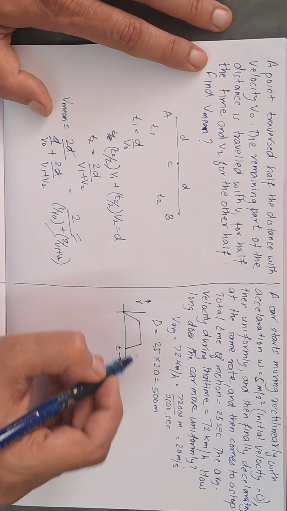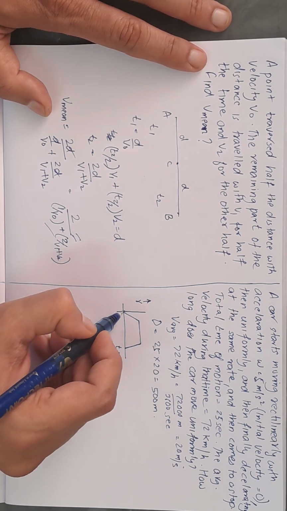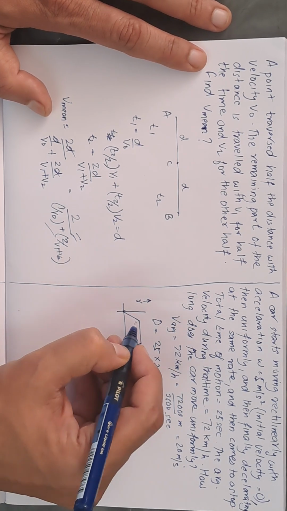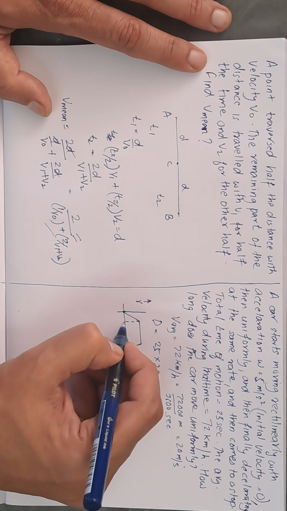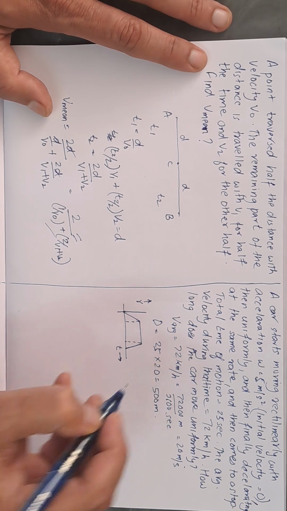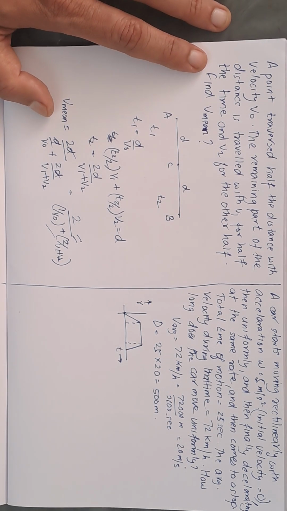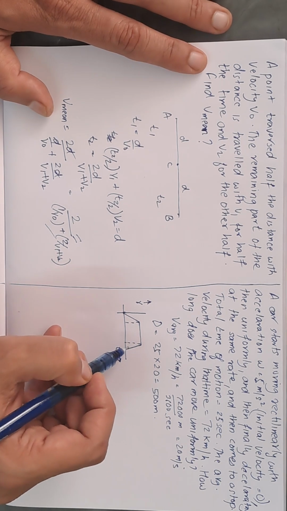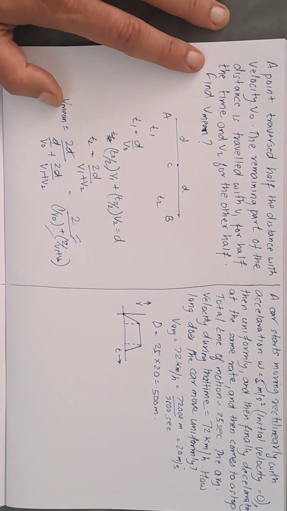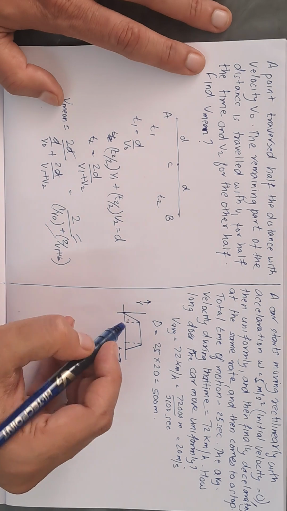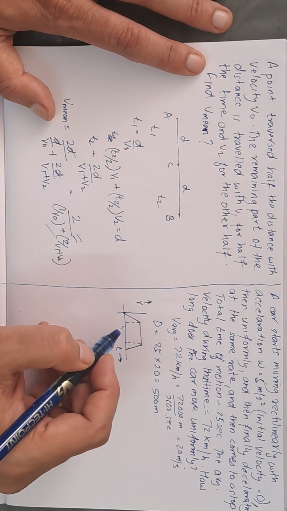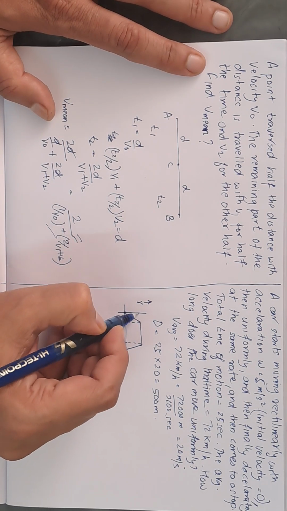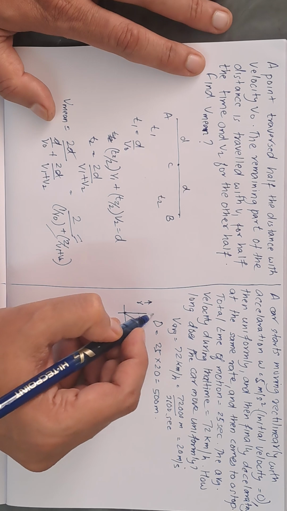Now I can divide this entire motion from this time to this time into 3 parts. Suppose this is part 1, this is part 2, this is part 3. Now time taken for part 1, say I consider this velocity as v0.